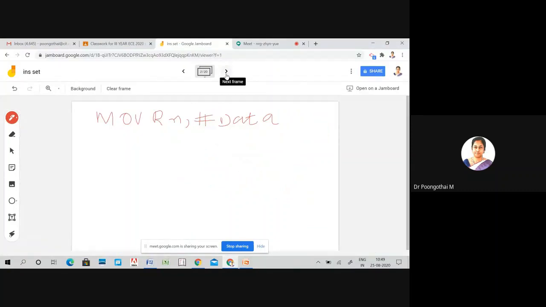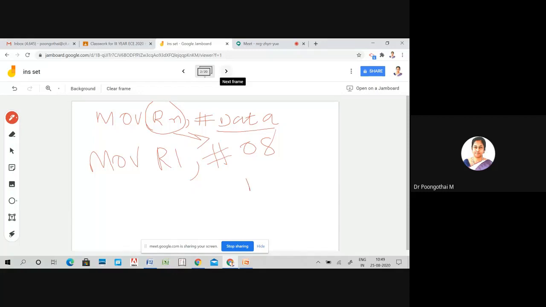So next one, MOV Rn, #data. This data is 8-bit data. Example, MOV R1, #08. This instruction only allows 8-bit data because your destination register is an 8-bit register. So we can move only 8-bit data to Rn.